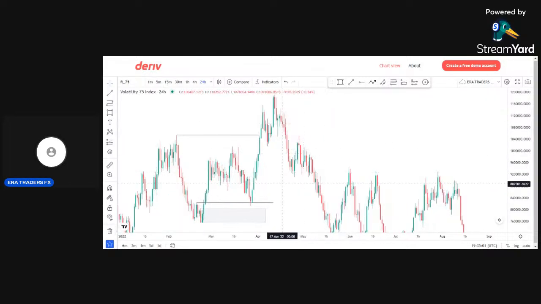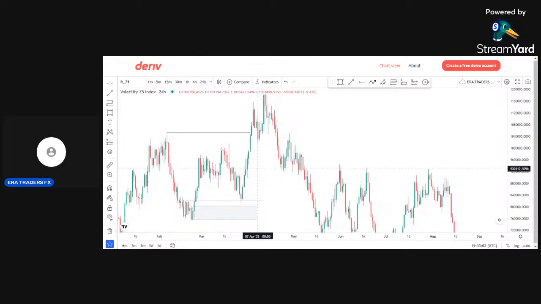Okay. Also, let me show you another example. Price did not even get to the order block. This was the order block, the last bearish candle before the break to the downside. Price just traded into the mitigation block.